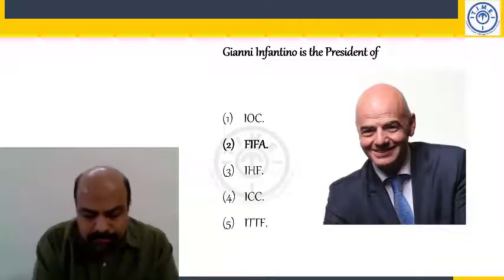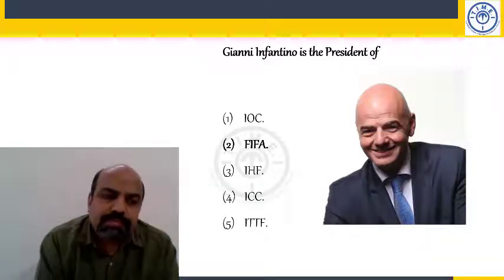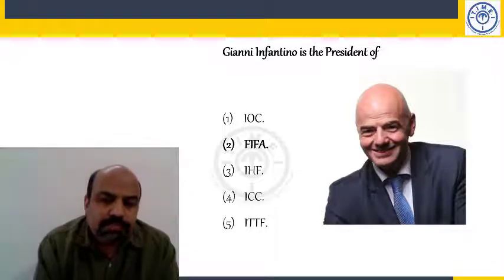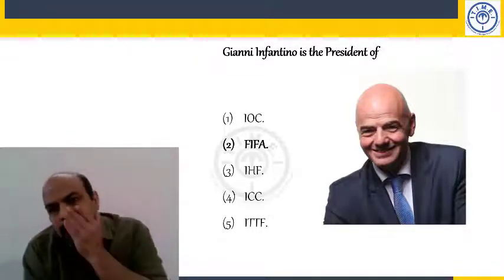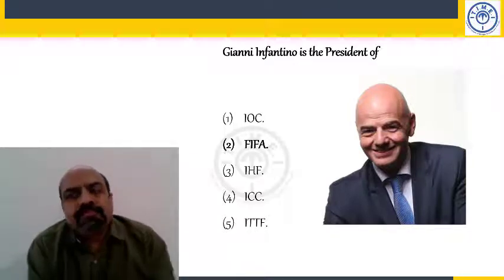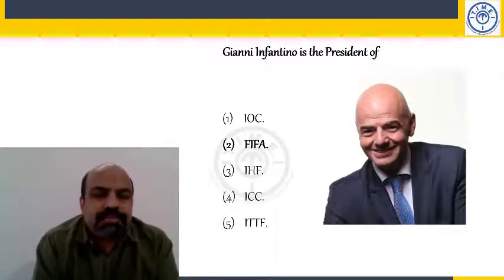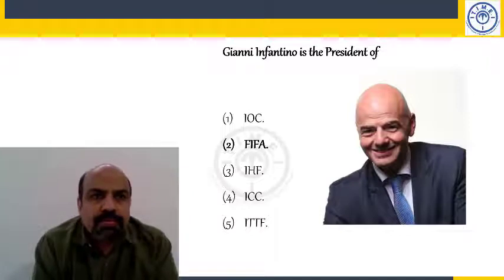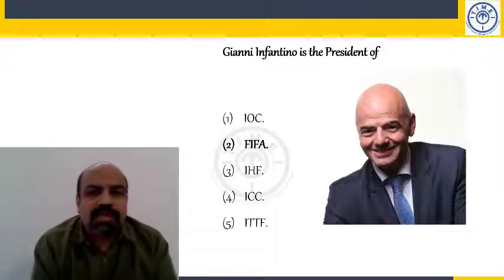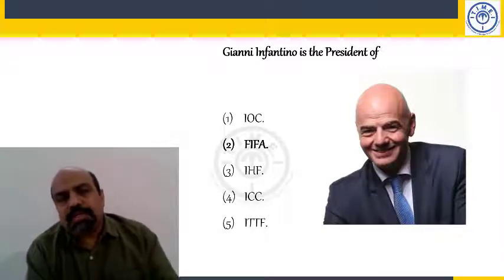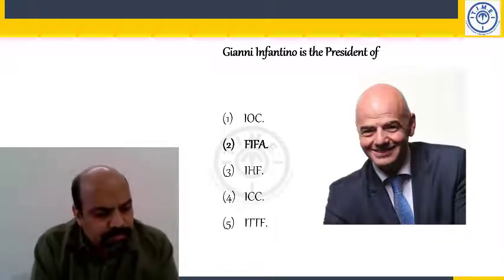Head office Dubai, UAE. President or chairman, whatever, Shashank Manohar.